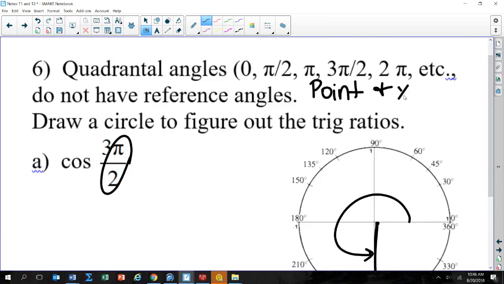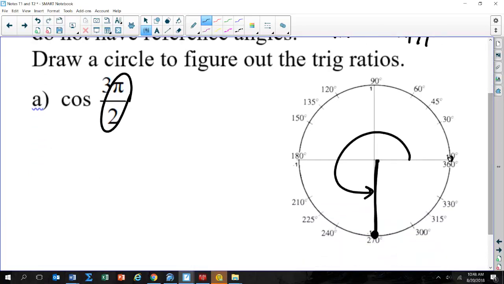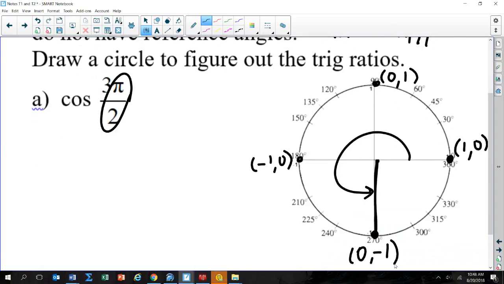And I rewrite the trig ratio in terms of x, y, and r. So that's what method we're going to use. The points on the unit circle are 1, 0, 0, 1, negative 1, 0, and 0, negative 1. And because we're working with 3 pi over 2, I'm going to be using 0, negative 1, since that's where the terminal side is.